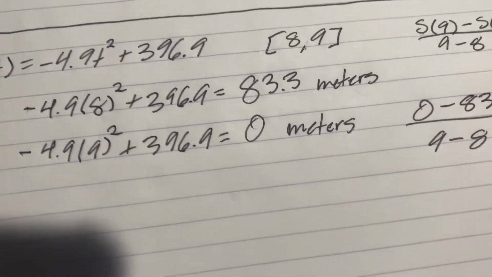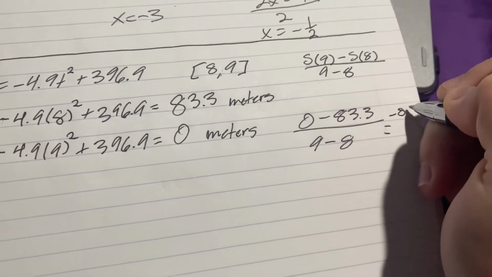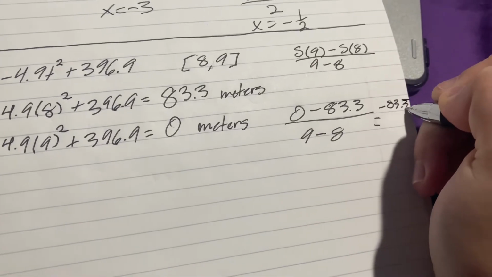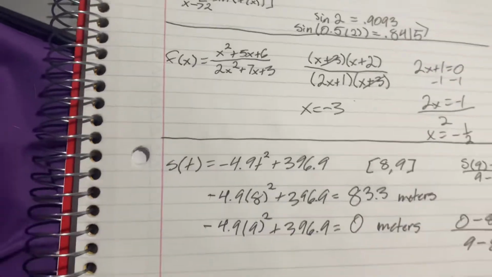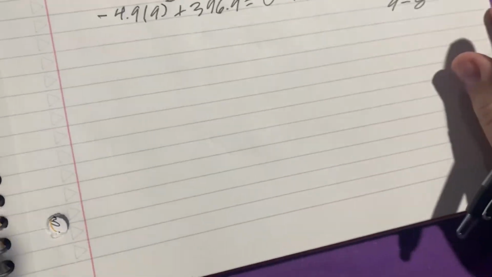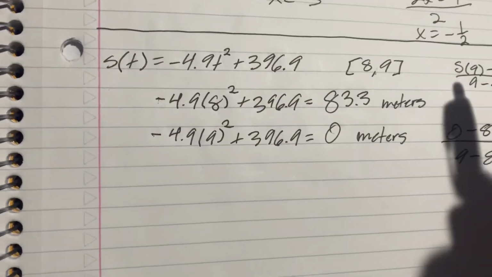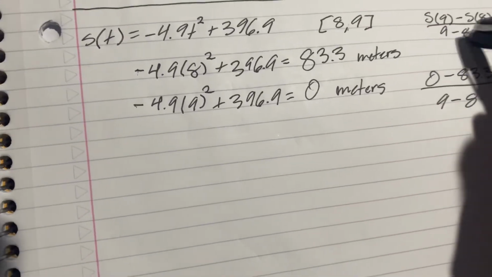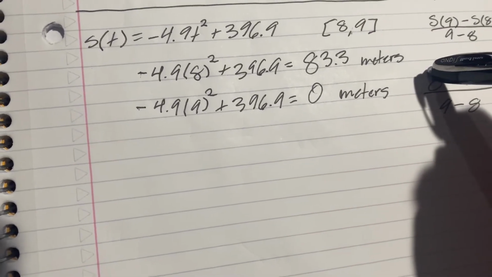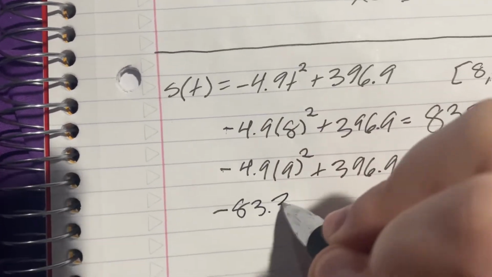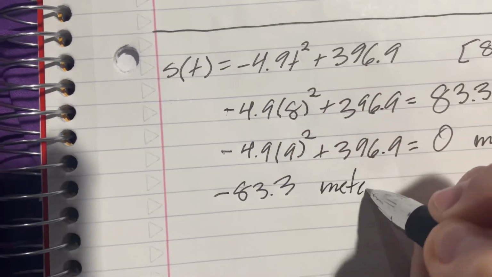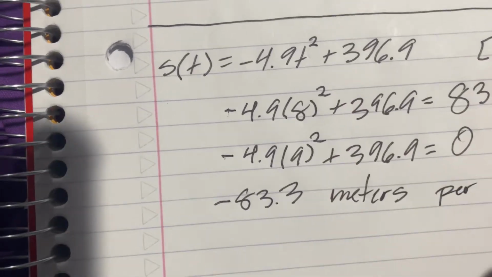So when you do that, you go ahead and get negative 83.3 over 1. So we see that the rate of change from 8 seconds to 9 seconds is negative 83.3 meters per second.